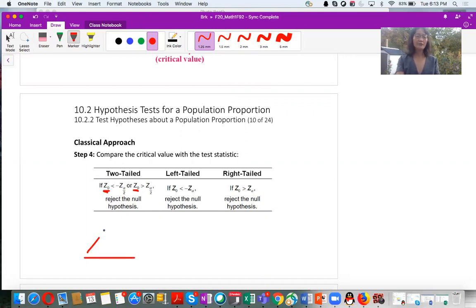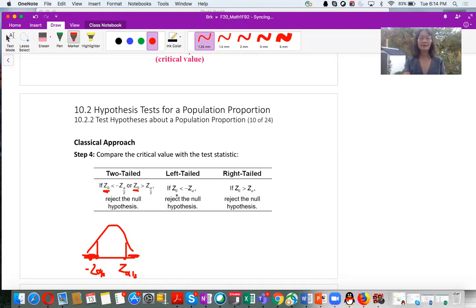Use the graph. If this point is negative z half alpha, and this point is positive z half alpha, if your z0 is smaller than this one, here, or greater than z half alpha, here, you reject the null hypothesis.